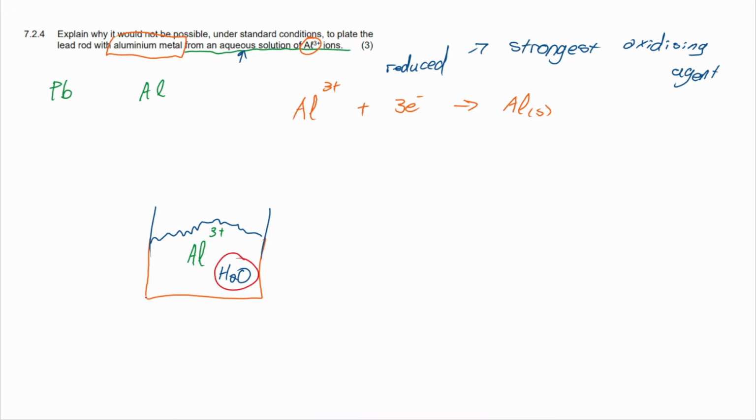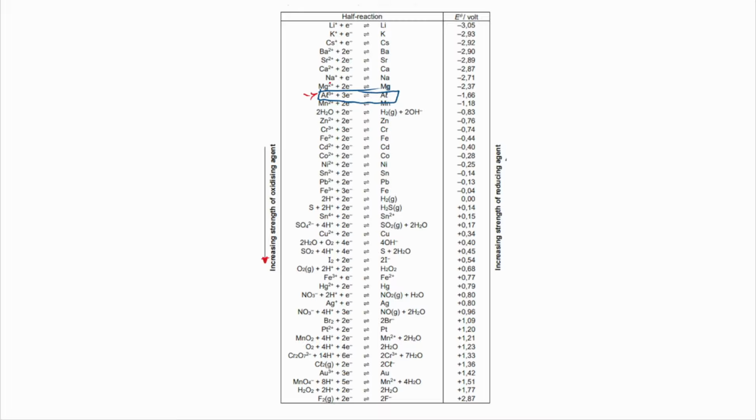And what it's competing with is water. So let's have a look. If water is above, that would mean that aluminium 3+ ions are a stronger oxidizing agent. But you'll notice that's actually not true, because here we have water, but this is with oxygen gas. We don't have oxygen gas. So this can't happen.